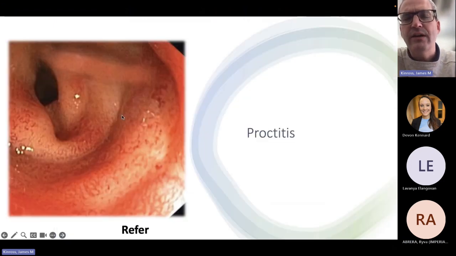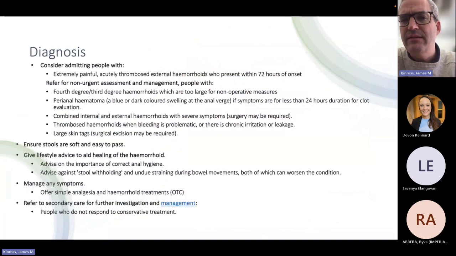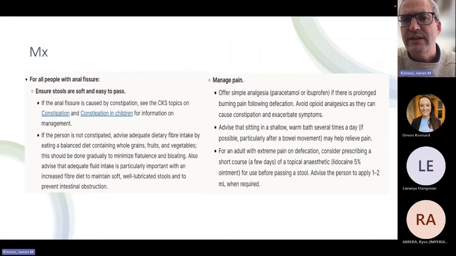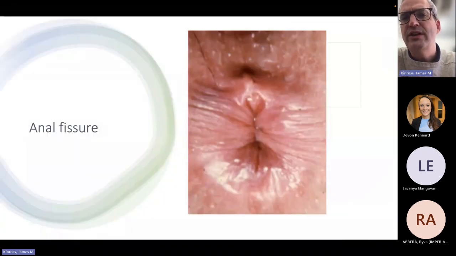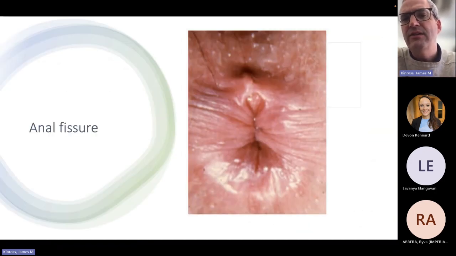Well, I think they can be difficult to identify, but usually taking the history is so important, because a lot of it will come from the history. I think what you might mean is an anal fistula rather than an anal fissure. So an anal fissure is this kind of tear.